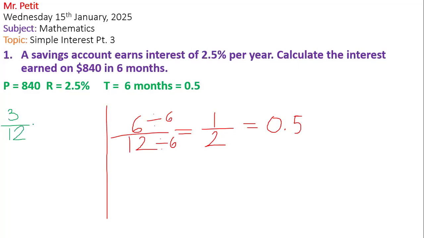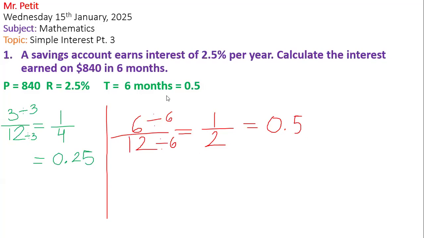Then we'd have to simplify it by 3. 3 divided by 3 is 1. 12 divided by 3 is 4. So it's going to be 1 over 4, which is equal to, written as a decimal, 0.25.